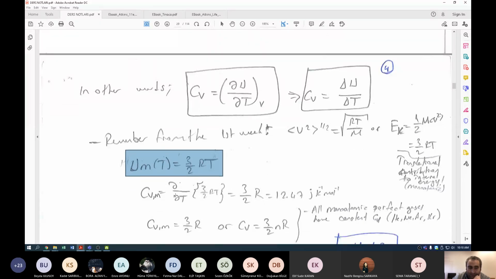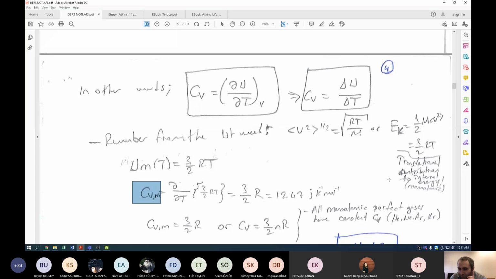So if I replace this in the equation, I get the derivative of 3/2 RT over delta T, and I will end up getting 3/2 R. When we put in the value of R, we get almost 12.5 joule per Kelvin per mole as the molar heat capacity at constant volume.